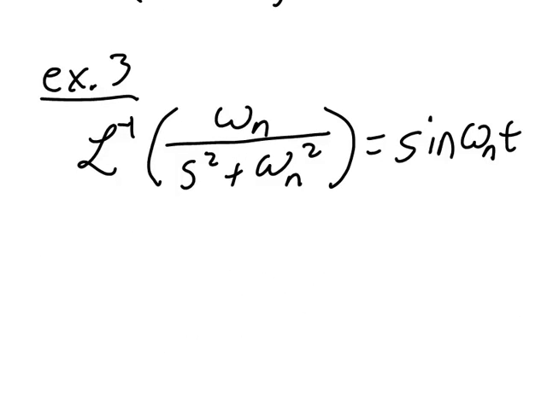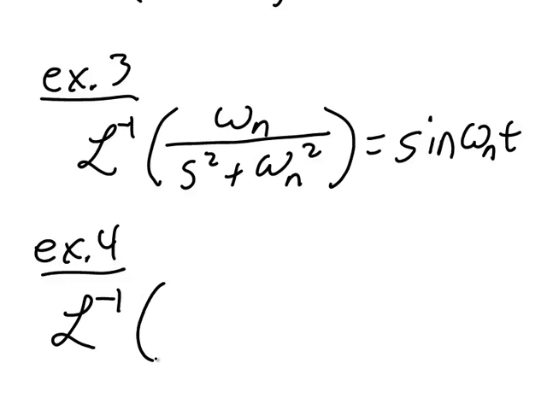Let's look at one more example where all we have to do is use the Laplace transform table. In this example, we're going to try and find the inverse Laplace of the function s over s squared plus k over m.